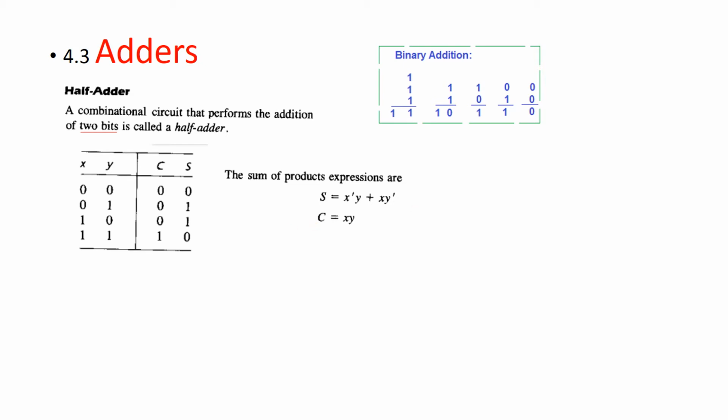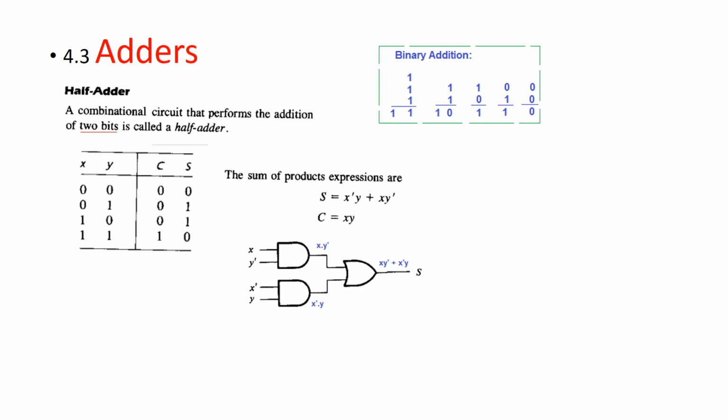And now let's see the carry term. The carry is 1 only when both X and Y are 1. So X and Y is equal to C. So this is how we write the sum of products expression. And now to implement, these are AND gates, X dash Y, that means actually X dash dot Y, and dot is for multiplication.